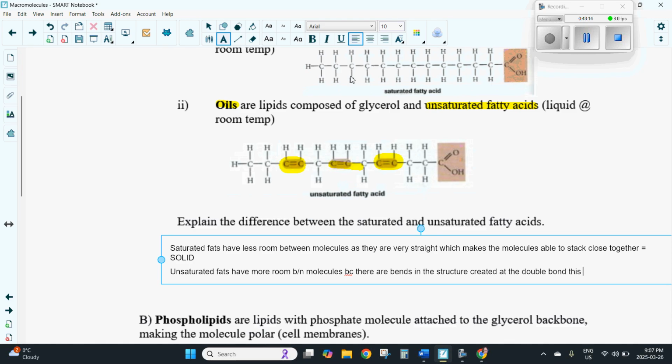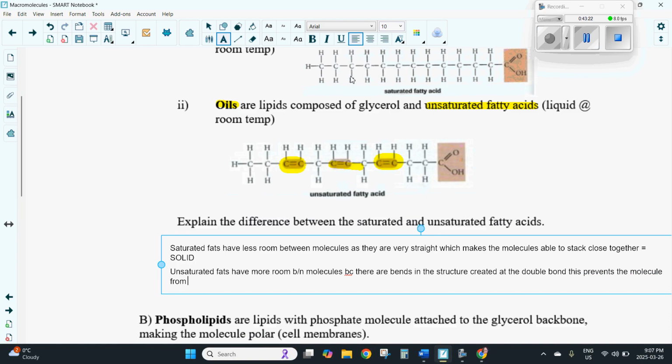This prevents the molecule from compressing as easily, and I'm going to put in brackets, less stackable, meaning that there is space between the molecules. And this equals a liquid.